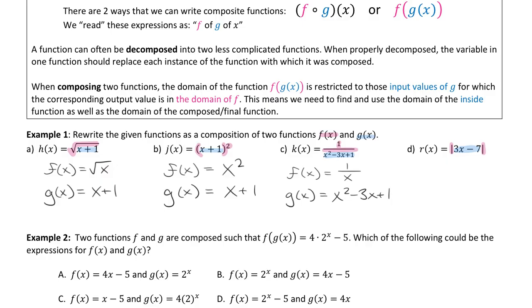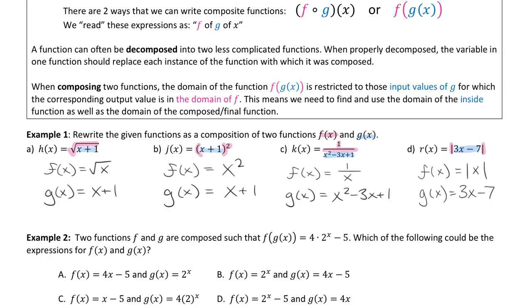So we would say that our outside function f of x is the absolute value of something, and that something that's on the inside, g of x, is the linear function 3x minus 7. So we're just taking complex functions and again undoing composition, basically taking one function out of it to say the h of x or j of x or k of x or r of x functions were made by putting one of these functions in the other.